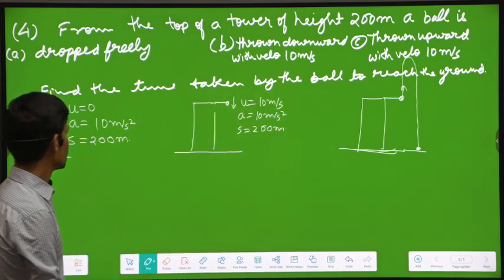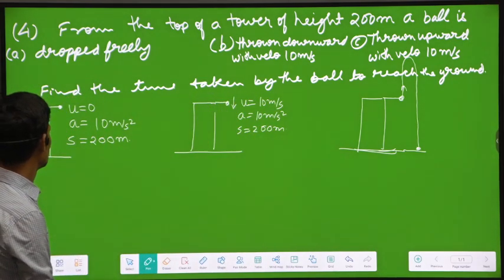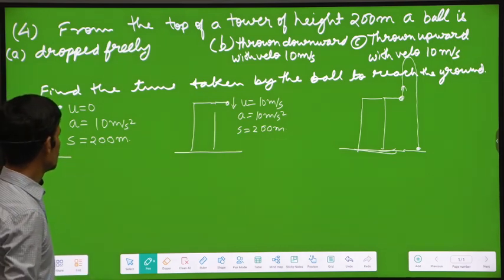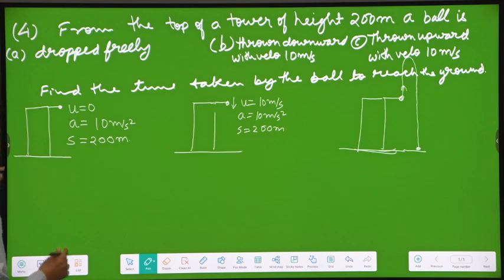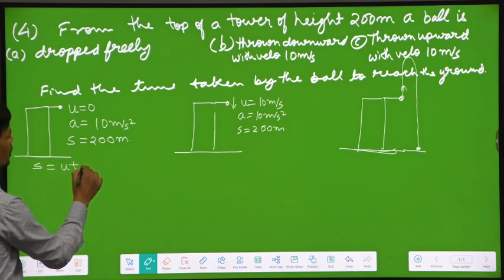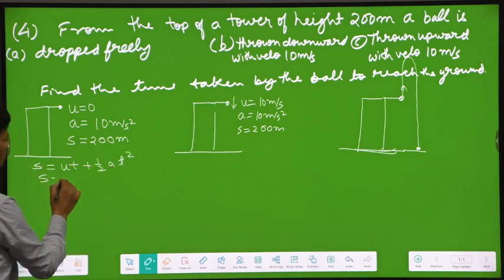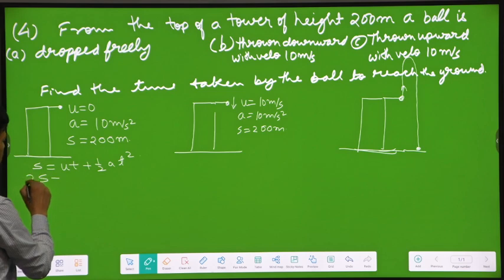Okay, now if we are going to solve this straightforward, s equal to ut plus half at square, and s is 200 because ultimately it will travel 200 meter.